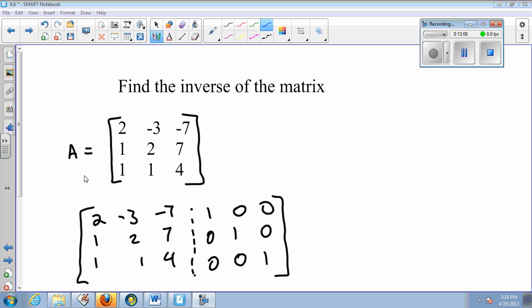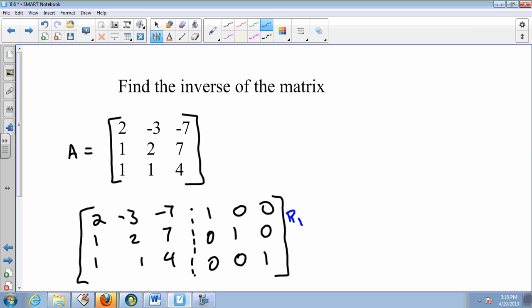So let's find the inverse matrix for A. I've already set it up into my n by 2n with the identity matrix on the right. Let's get a 1 in the upper left-hand corner, but the row right underneath it has a 1. So let's switch row 1 and row 2.